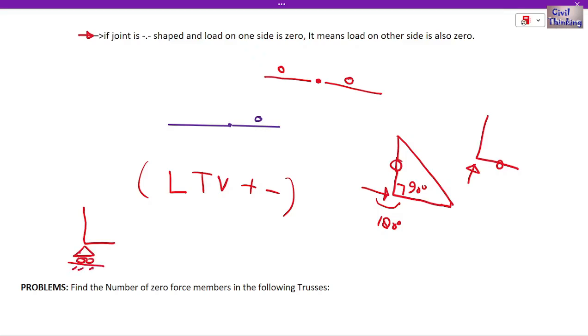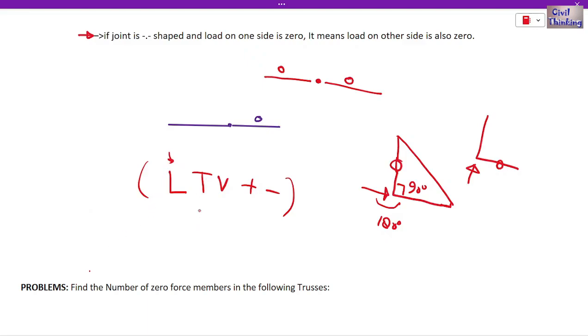Because a roller support has only one reaction in this direction, perpendicular, so when you remove the roller, the reaction is like this. It is collinear to this member, and this member is making an angle of 90 degrees, normal, so this is a zero force member. So this is about L.